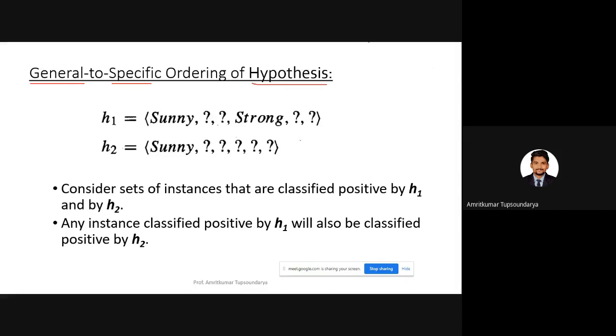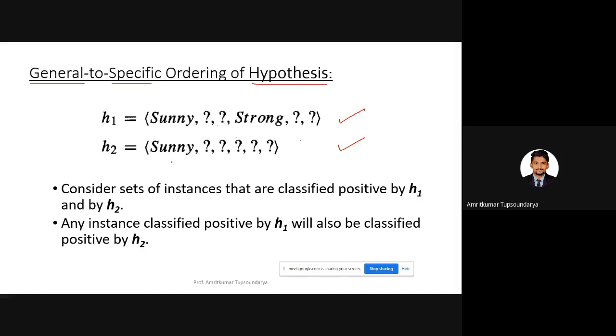To illustrate this, we have H1 and H2, hypothesis 1 and hypothesis 2. Let us consider the set of instances that are classified as positive by both H1 and H2.